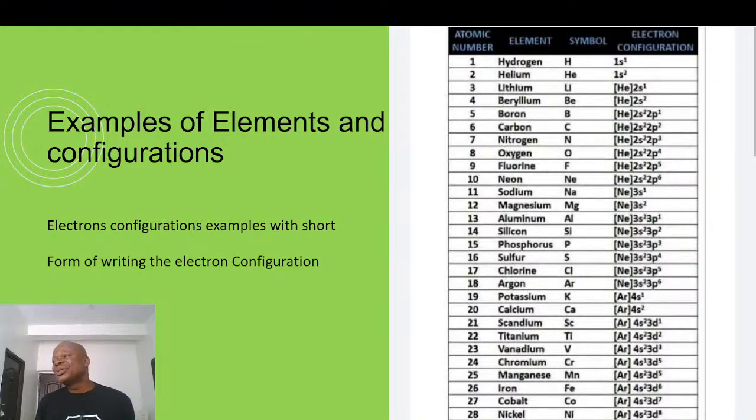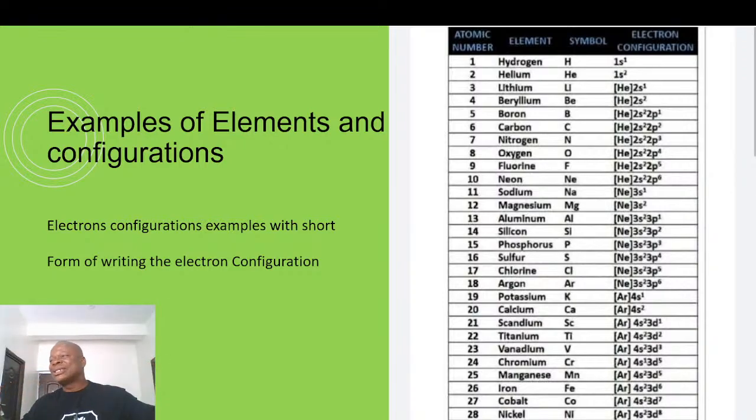If you look at the electron configuration of neon, you see the helium bracket, 2s2, 2p6. So helium 2, plus 2s2, that is 4, plus 2p6, that is 10.